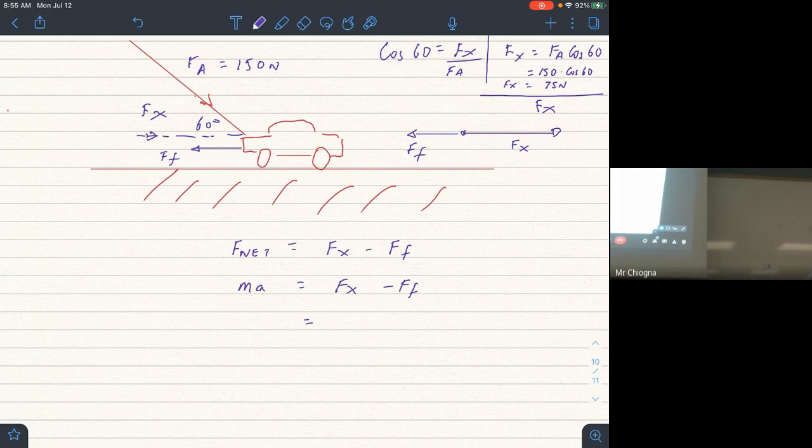We have for the mass 20. You have the FX 75. For the friction 25.